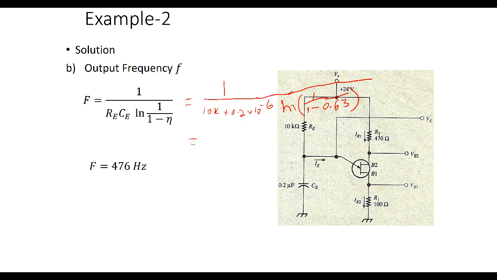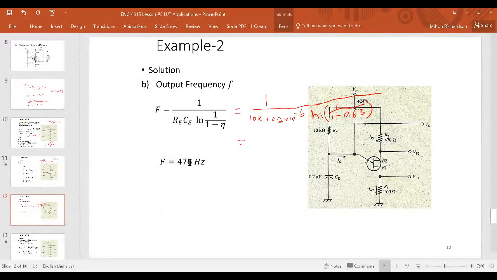All right, let me just correct this one. So that's 503 hertz.